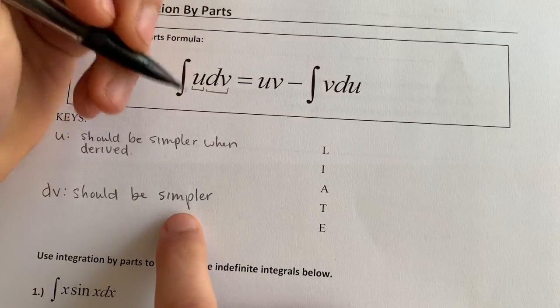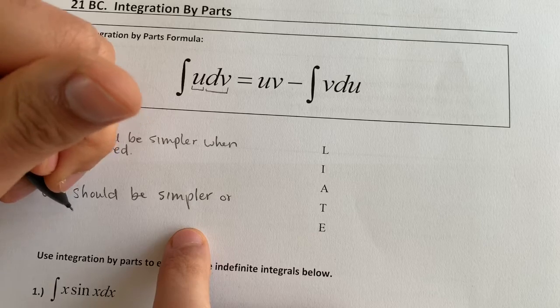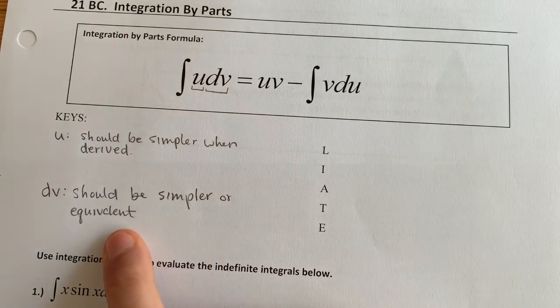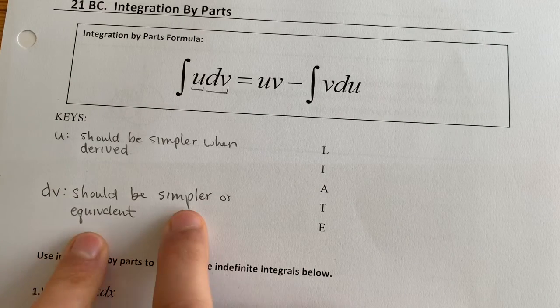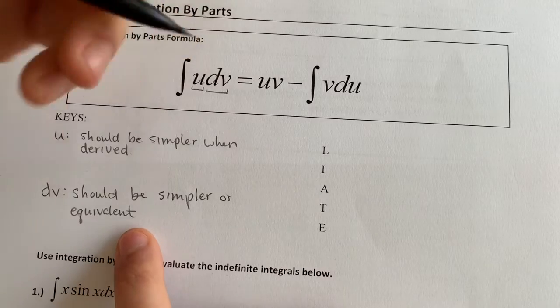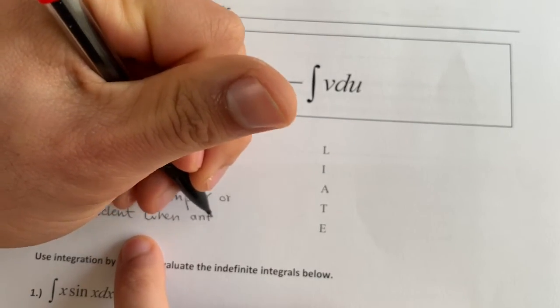Now I'm going to put here, sometimes it's simpler, or like I call it equivalent. What I mean by that is it doesn't look simpler, but it looks about the same when anti-derived.